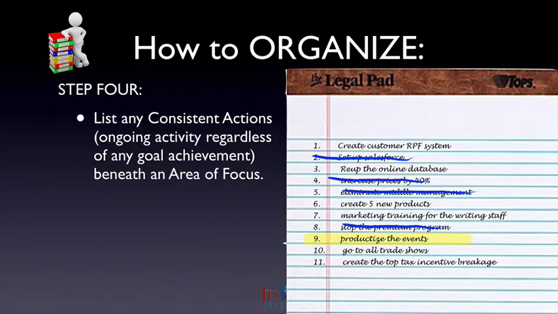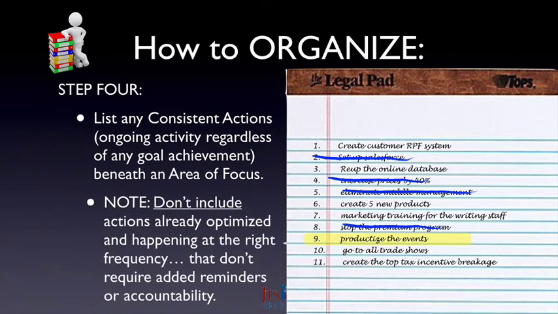I know this personally. I have a blog that I've been publishing on for almost a decade now. We've got thousands of articles, and I don't care how big my organization gets, I'm going to continue to add to that blog. And there's plenty of consistent actions like that that may need to be added underneath an associated area of focus.